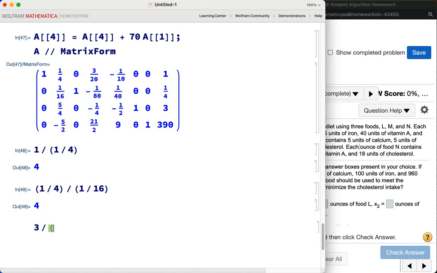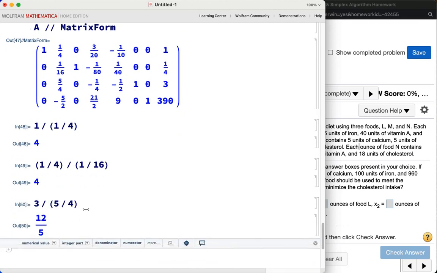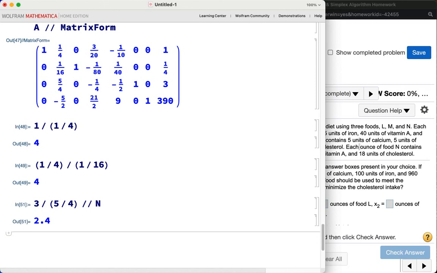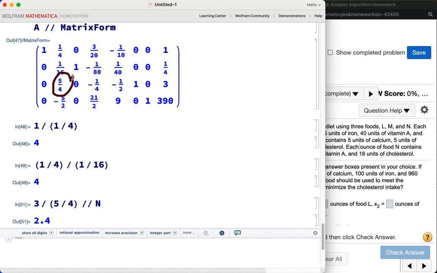And 3 divided by 5 over 4 is 2.4. So the minimum ratio is going to be found right over here. That's where we have to pivot, in the third row, second column.